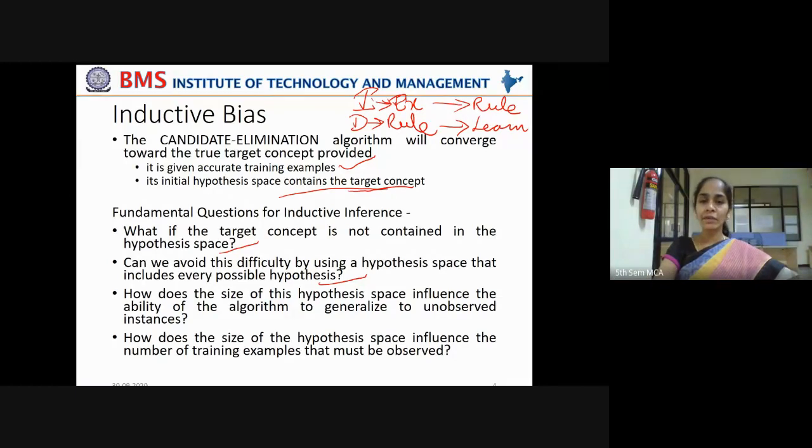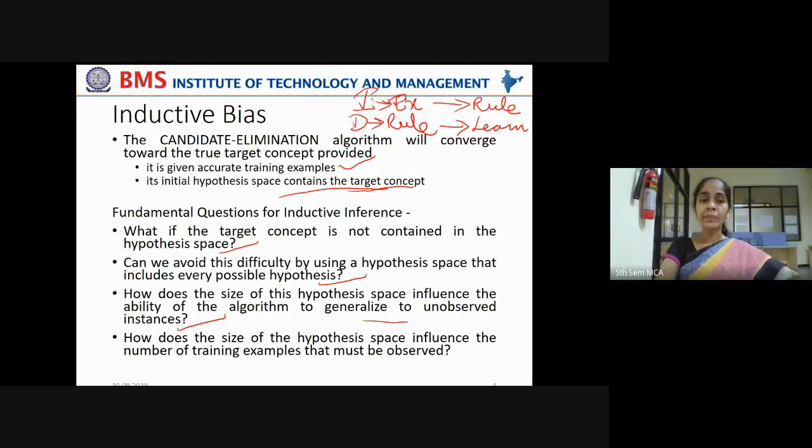How does the size of this hypothesis space influence the ability of the algorithm to generalize to unobserved instances? Now, you have more and more hypotheses. Does it guarantee us that it will generalize to unobserved instances, meaning it will generalize to unseen data, meaning whether it will classify the unseen data correctly?